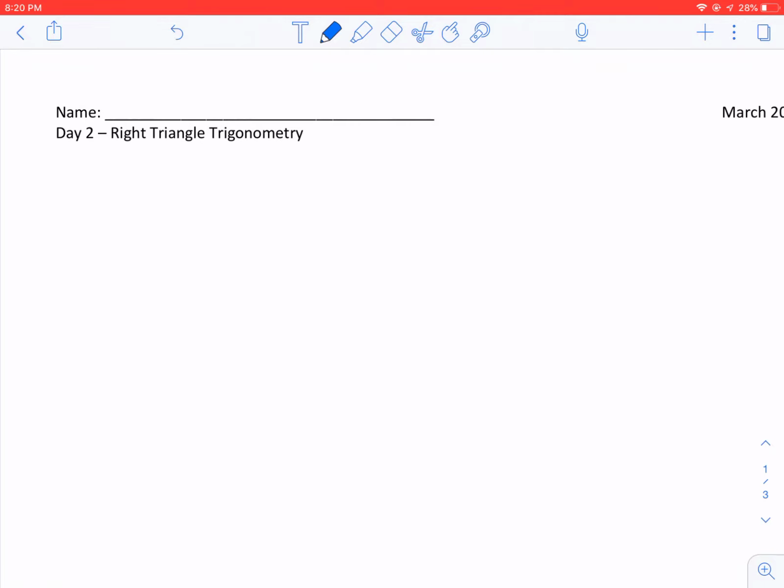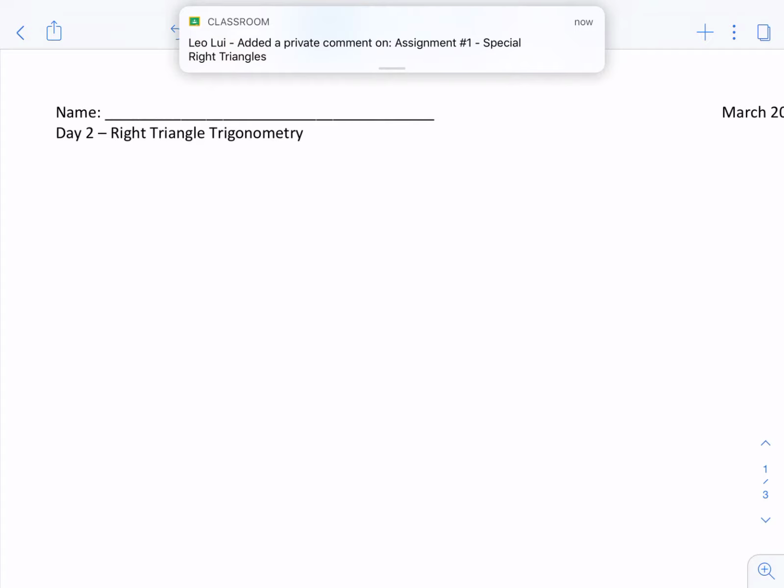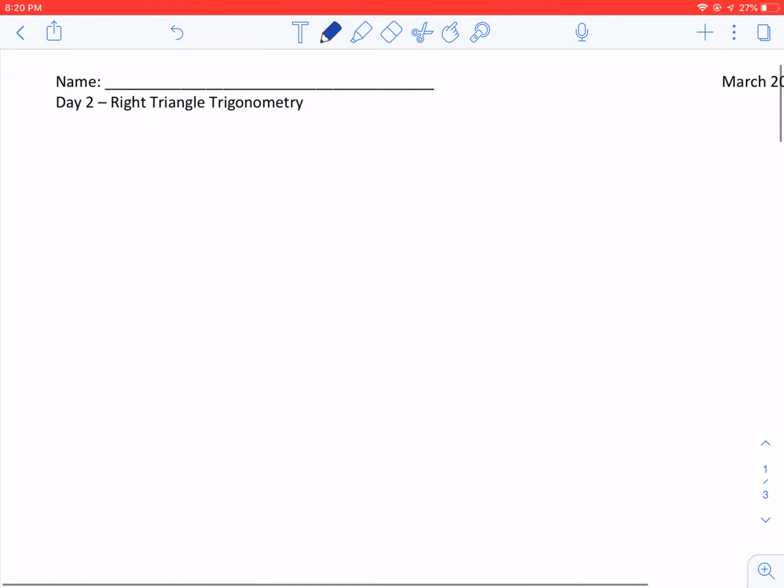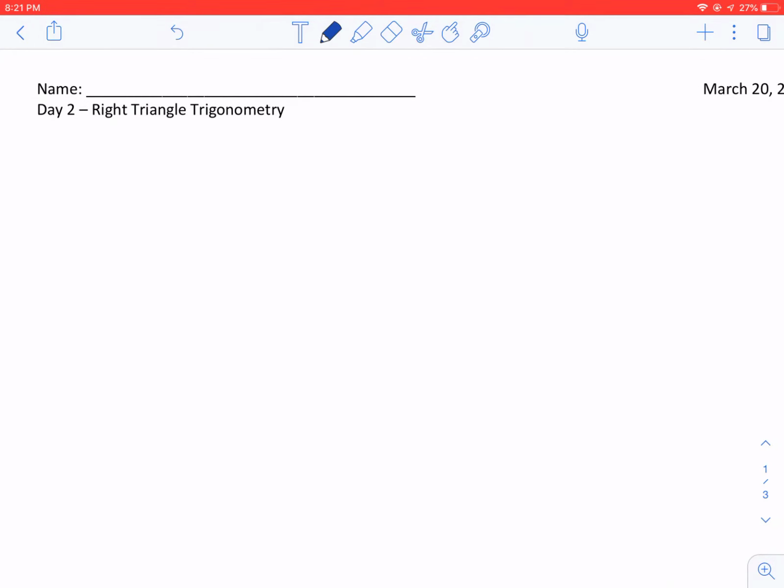Before we start, what is trigonometry? Trigonometry is really just the relationships between the angles of a triangle and its side lengths. We start with right triangles because that's a little easier to work with, but trigonometry could be for any kinds of triangles.